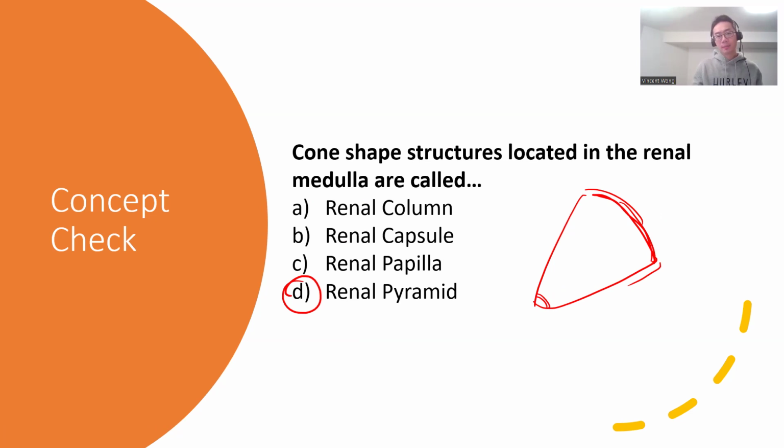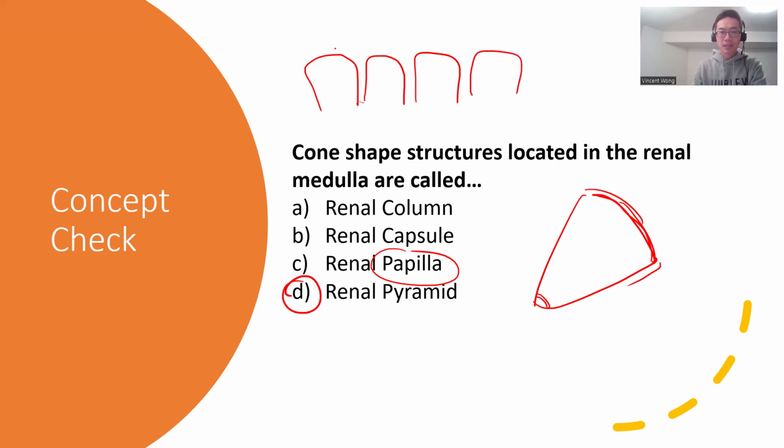If the question comes for papilla, you will say tip of the pyramid. That's right. Papilla means a knob. Remember from the tongue? The taste buds are on the side here, so that's a papilla as well.